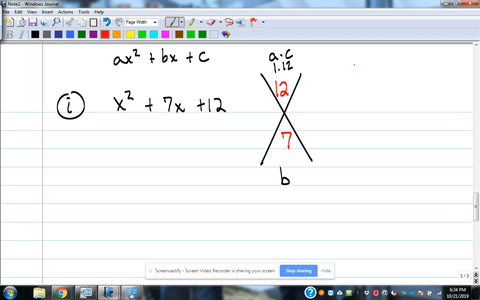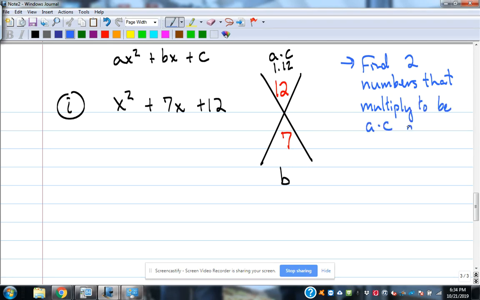What our job is, we need to find two numbers that multiply to be A times C and add to equal B. All right.